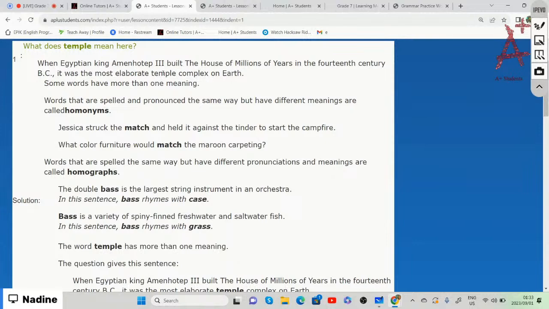So that is the structure that was built, right? We call it a temple. And this temple was the temple of the Egyptian king Amenhotep III, and he built a house, which is basically a temple, if you can put it like that, of years in the 14th century.